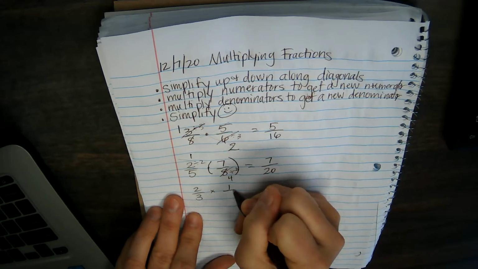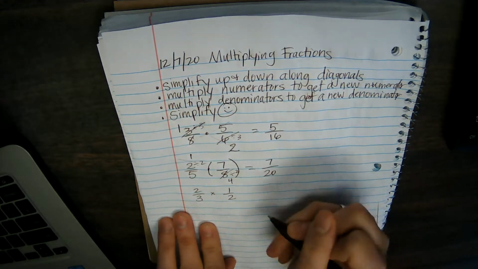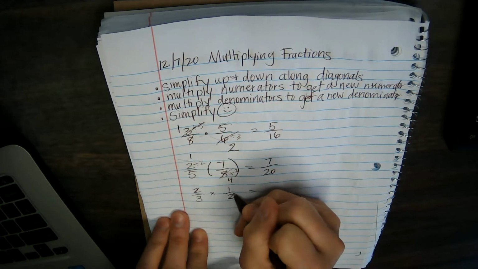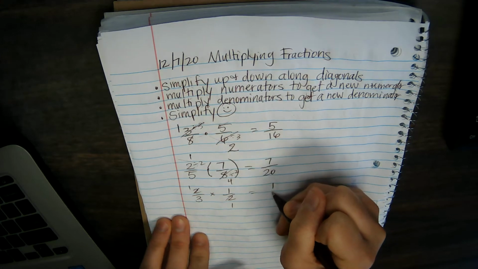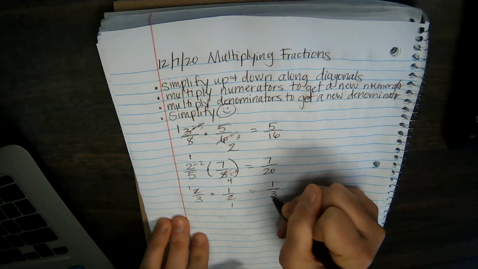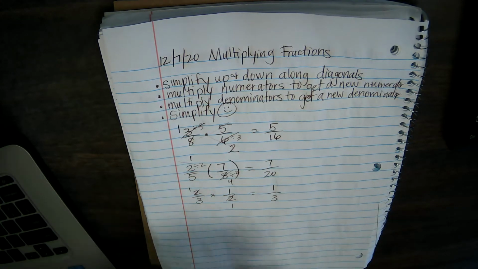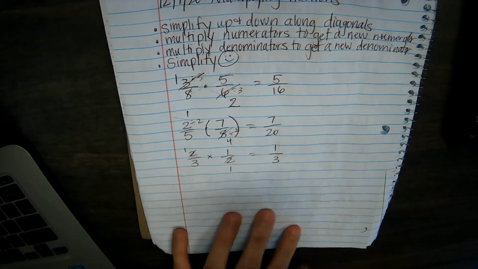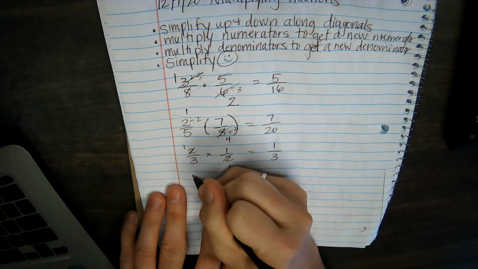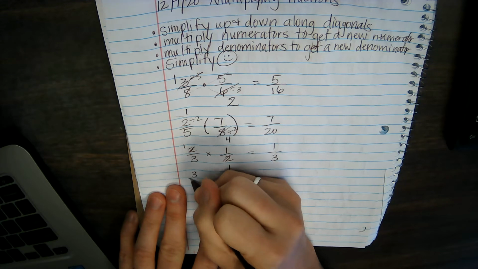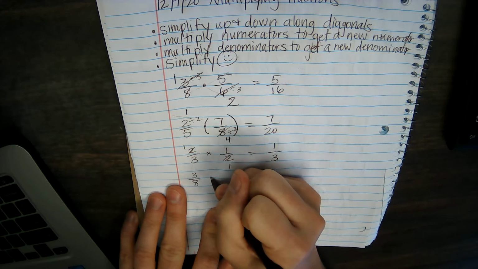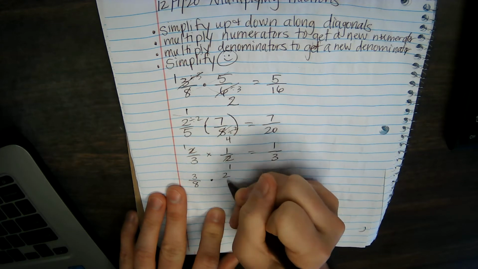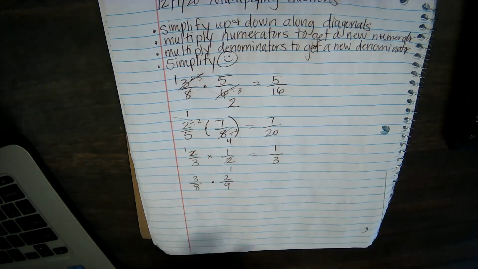2/3 times 1/2. I could take 2 out of both of these, and I would have 1/3. How about 3/8 times 2/9?